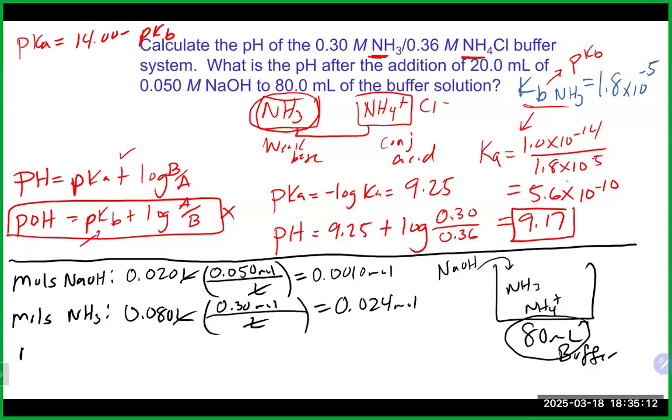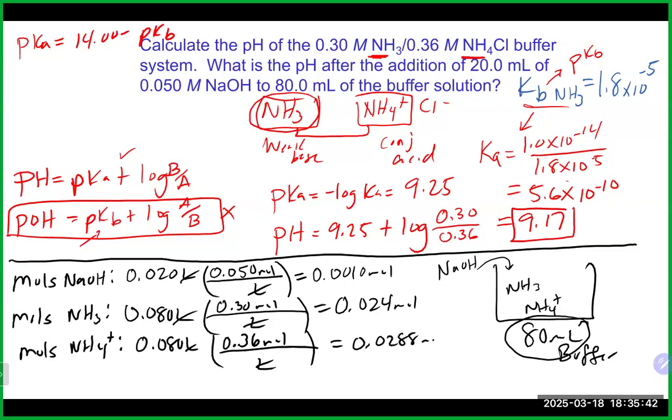And lastly, the moles of the NH4 plus. The Cl minus here is a neutral salt, and it's just hanging out as a spectator ion. Again, we have 80 milliliters of that buffer, and the molarity is 0.36 moles per liter. Liters again will cancel, and that's going to get me 0.0288 moles.